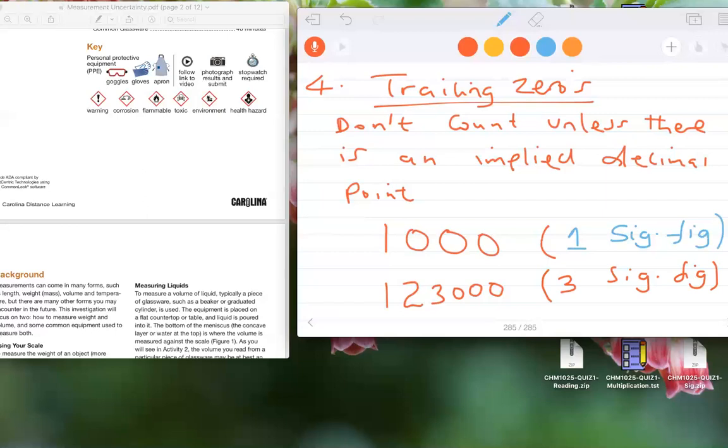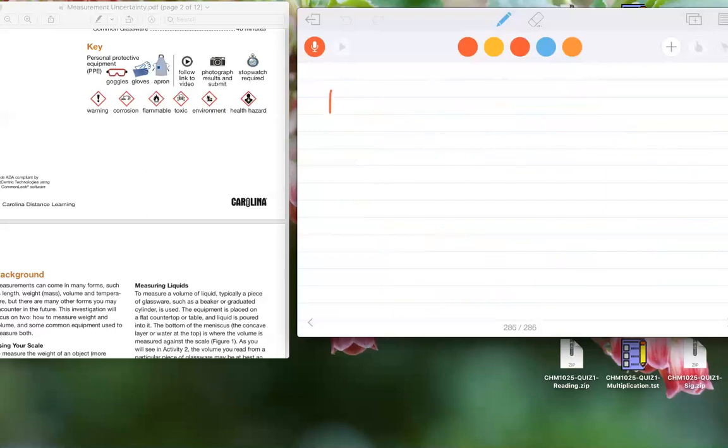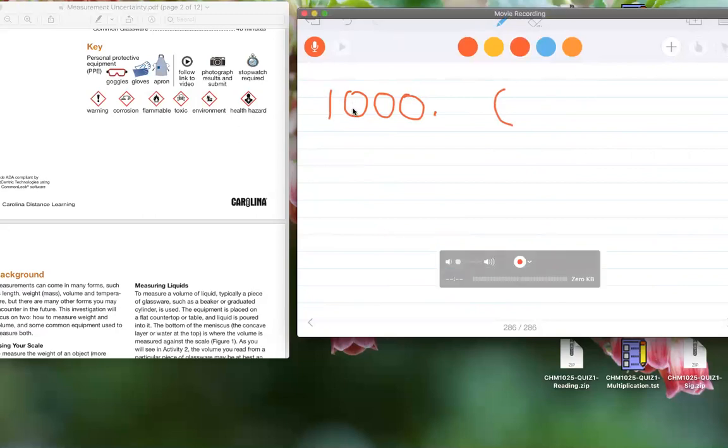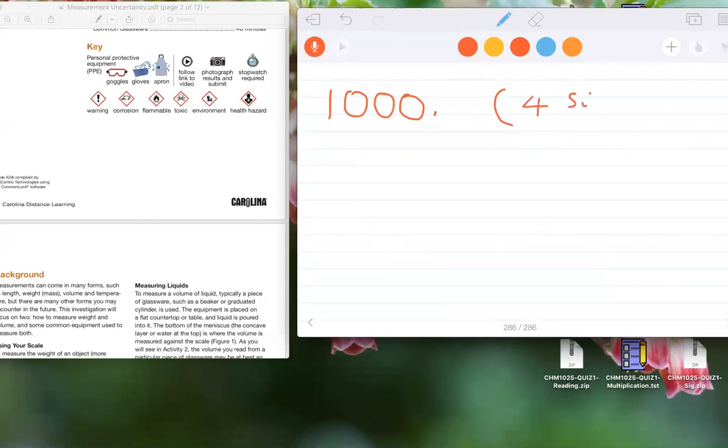However, if I rewrite the same number with an implied decimal point at the end, this will now count. All the zeros here do count. 1, 2, 3, 4. This has 4 significant figures.